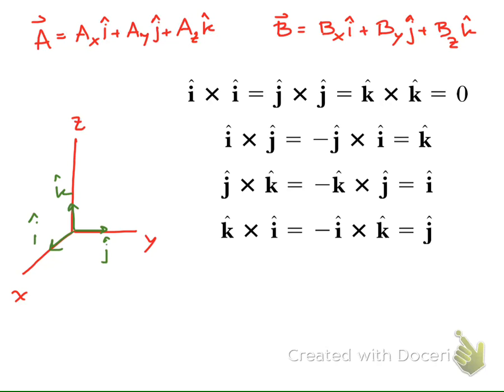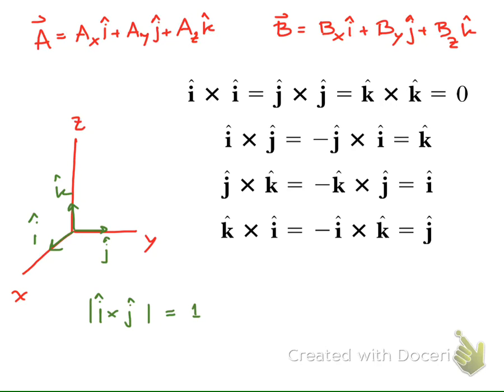And we also have that the magnitude of i cross j is equal to 1, because the magnitudes of i and j are equal to 1, and the angle between i and j is 90 degrees, or they are perpendicular.